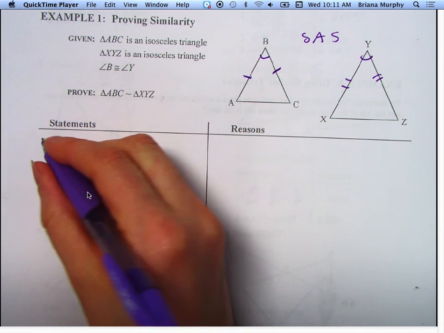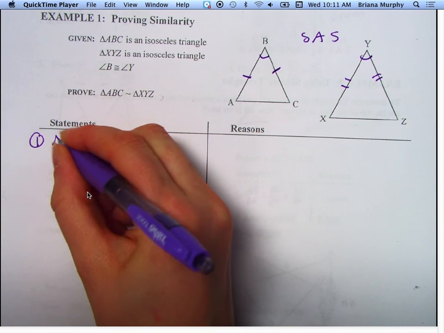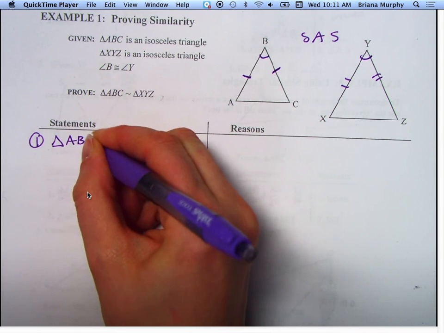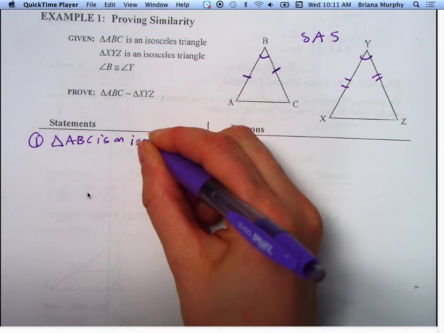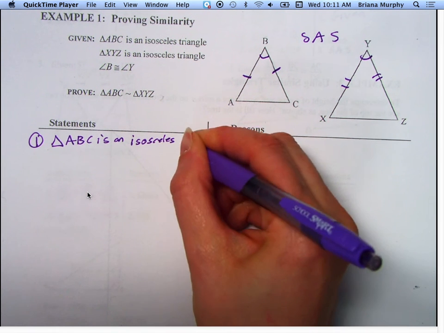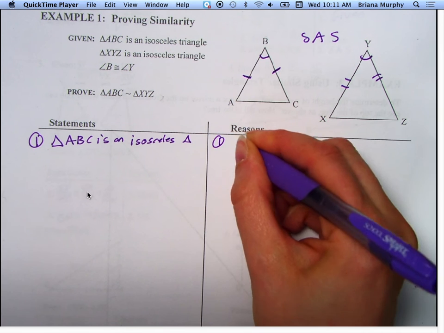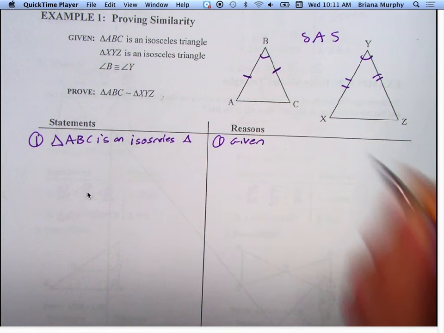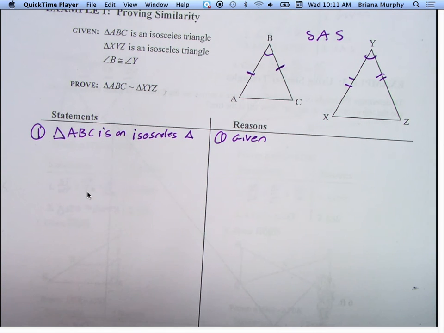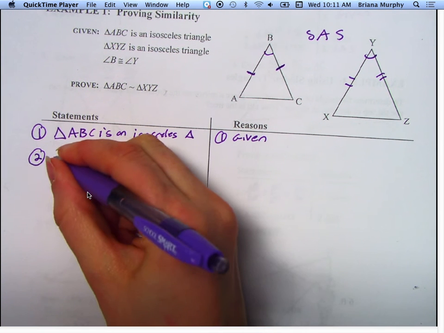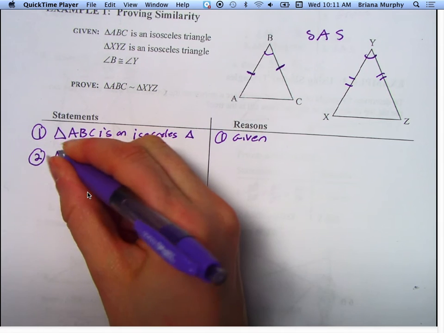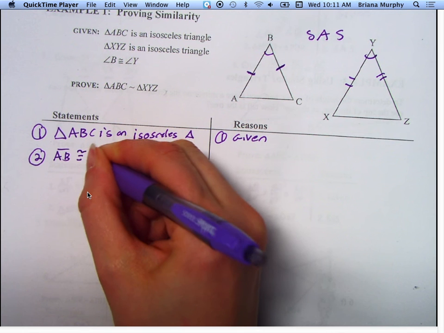Okay, so first, number one, we're going to have triangle ABC is an isosceles triangle. And that's given. Okay, we have to say what it means for the isosceles triangle. So step 2, we're going to have to say AB is congruent to BC.